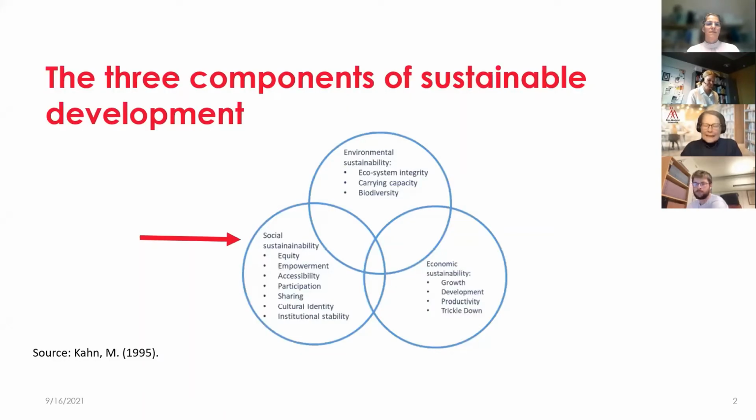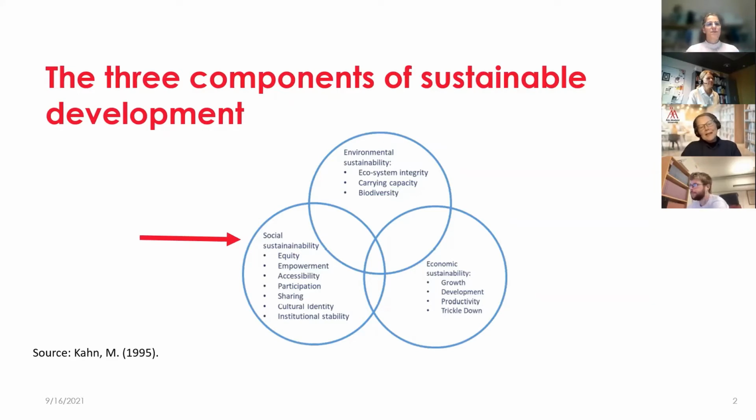I think I can safely assume that we're all very familiar with the concept of sustainable development, so I will not go into detail here. We have learned that sustainable development is comprised of at least three components: ecological or environmental here in this picture, economic and social sustainability.